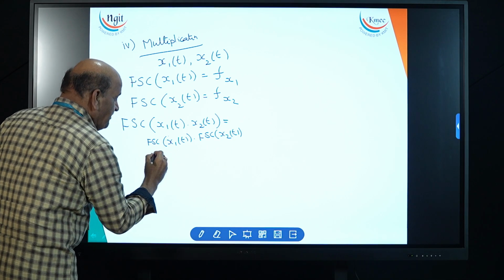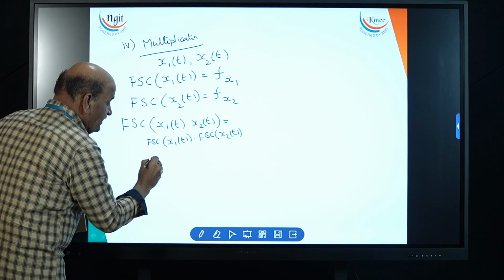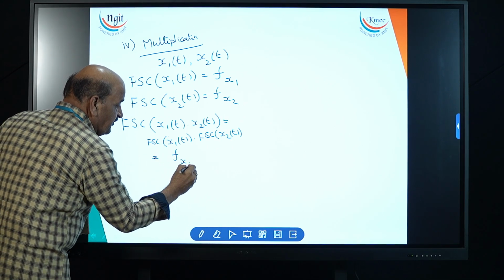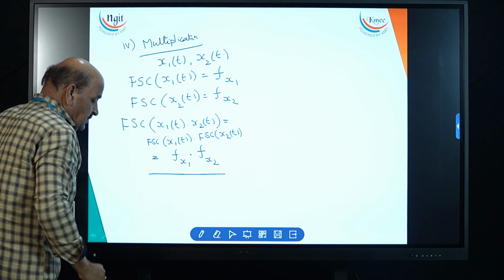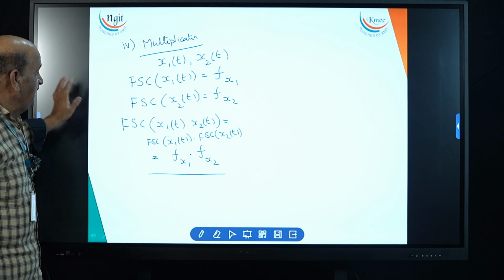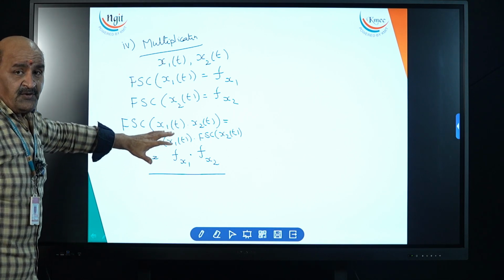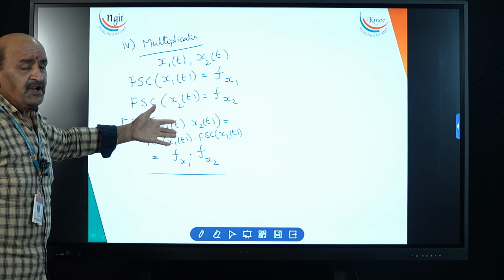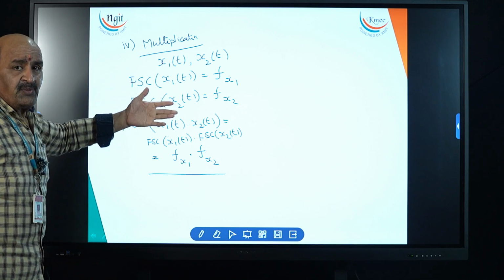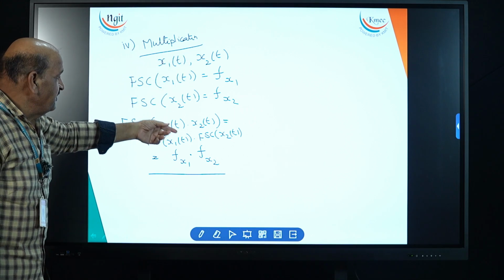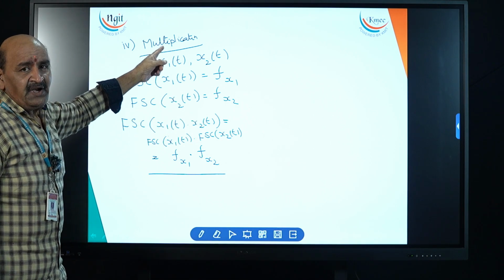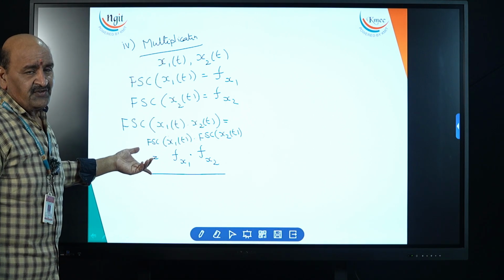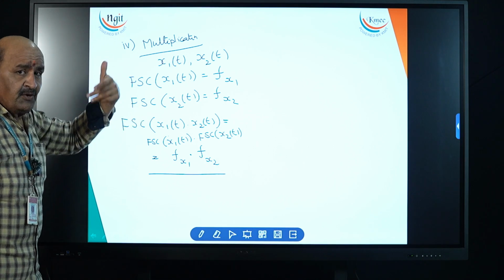That is, f of x1 into f of x2. This is a very important concept of multiplication. Why? Because we have to compare it with convolution, a very important topic. Actually this topic is supposed to be discussed in the third unit. Here we are discussing it briefly because of the properties of Fourier series. Again in third year, we will be discussing this.